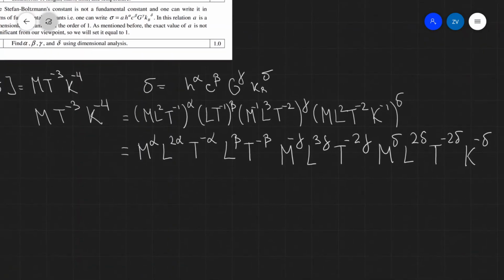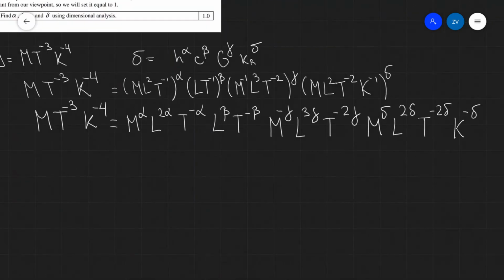It's quite a long expression, and all of this is going to have to equal m t to the power of minus 3 K to the power of minus 4.